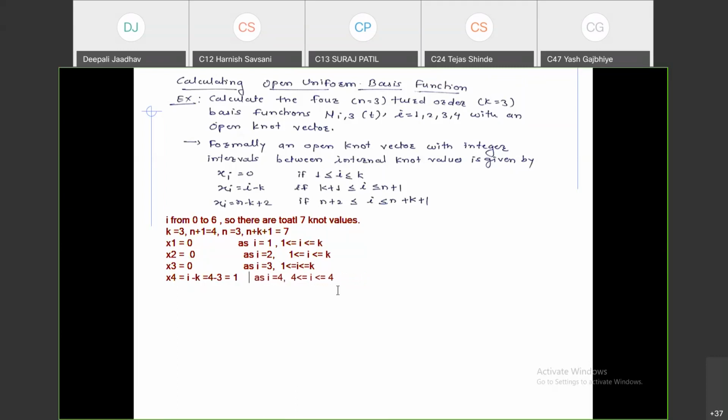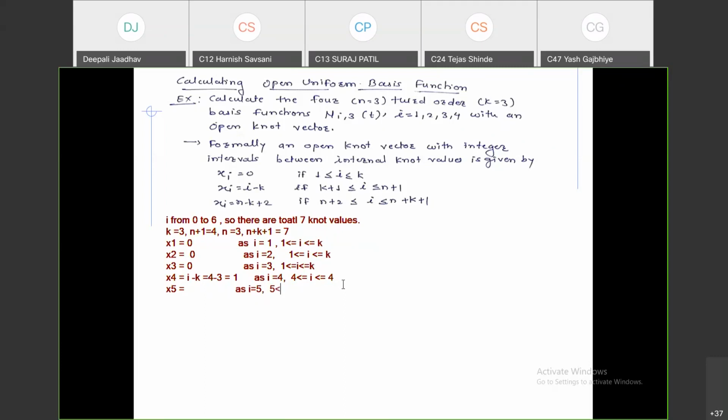Similarly, we calculate the next one, x5. Here again i is equal to 5. Does it satisfy the second condition, i greater than or equal to 4 and less than or equal to 4? No. So we move towards the next condition. n plus 2, n is equal to 3, that is 5.